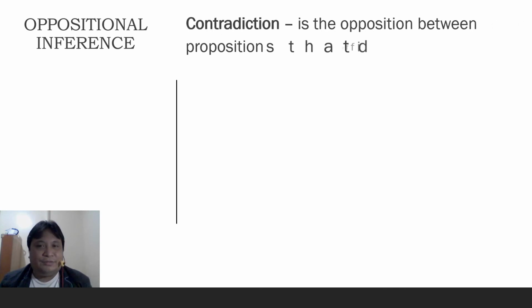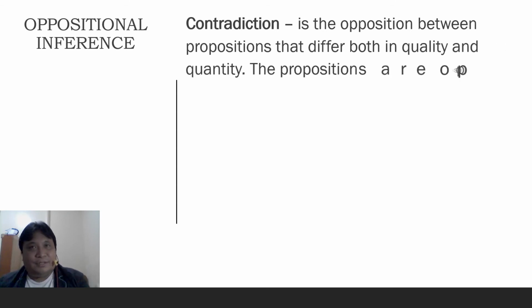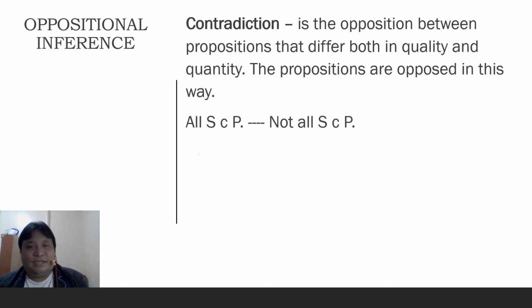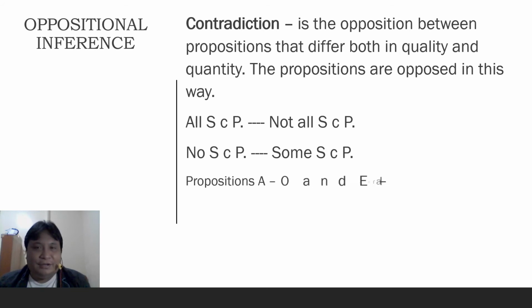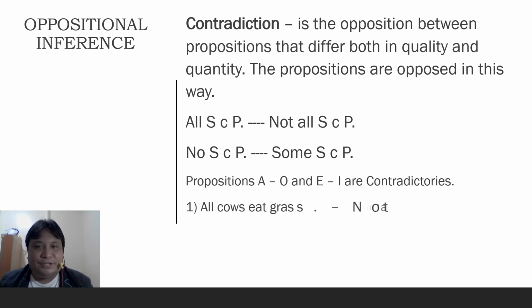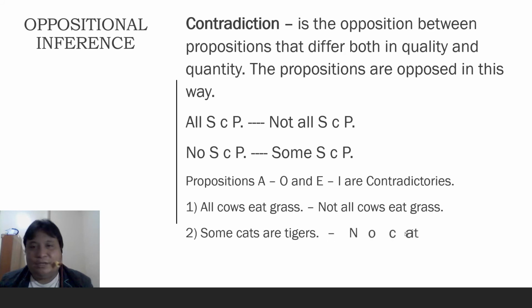Okay, contradictories. The law of contradiction, one of the basic laws of thought, says that a thing cannot be and not be at the same time. Here, it is the opposition between propositions that differ both in quality and quantity. For example, all S copula P to not all S copula P. So A and O propositions, or vice versa, are contradictories.